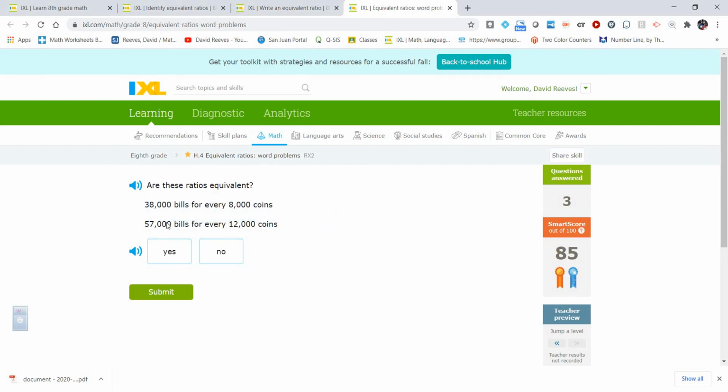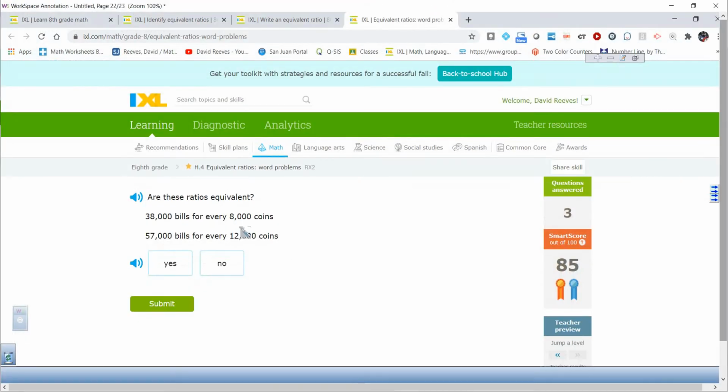Okay, 38 to 57, 8 to 12. All right, well, here's a case where I'm going, oh, darn. Because 8 doesn't go into 38 evenly. 38 does not go into 57 evenly. 8 does not go into 12 evenly. So this is a case where maybe I could simplify this one down.